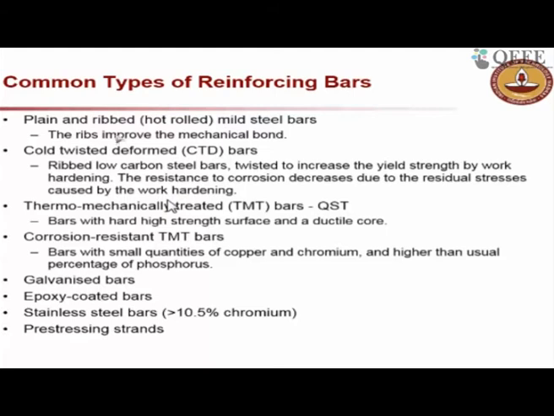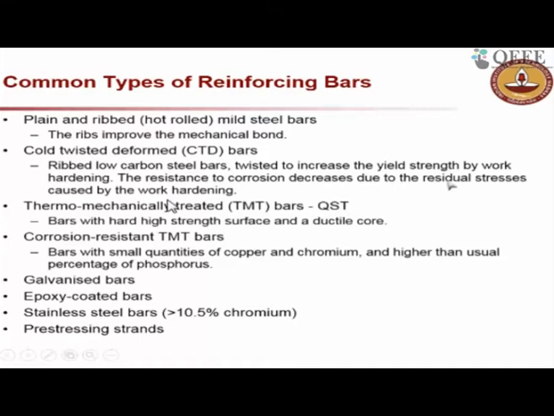Then you also had cold twisted deformed bars, which are not much used in today's construction, but for the purpose of completion I have put this term here. It has a high yield strength because it is cold formed, or strain hardened steel, so the yield strength is more with the same chemical composition.